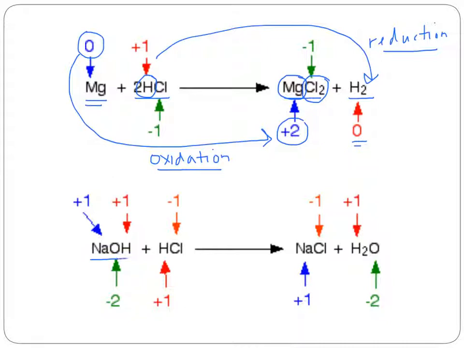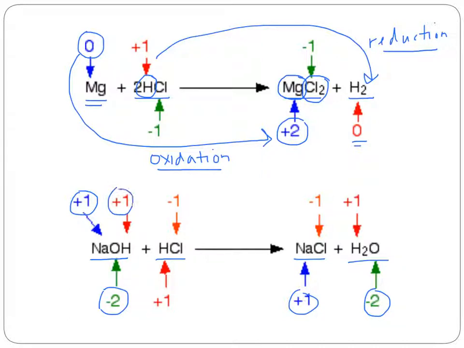Let's look at this acid-base reaction down below. We've got sodium hydroxide mixing with hydrochloric acid to give us sodium chloride and water. Sodium starts out as a +1 on the left side of the equation as a reactant. It's still a +1 over here as a product. Oxygen is a -2, and it is still a -2 over here when it moves into the water molecule.